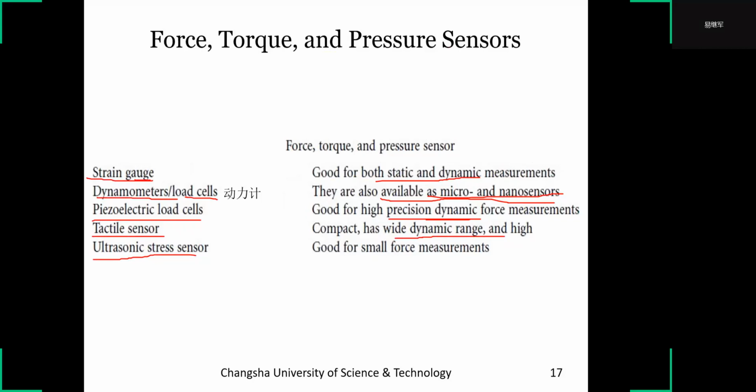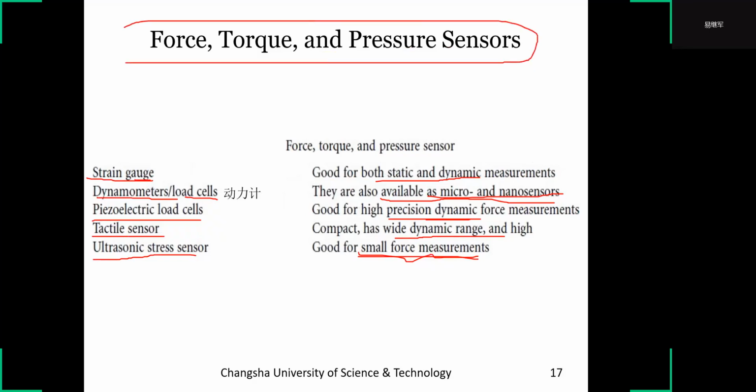Ultrasonic stress sensor is good for small force measurements. Small force is a characteristic of this sensor.